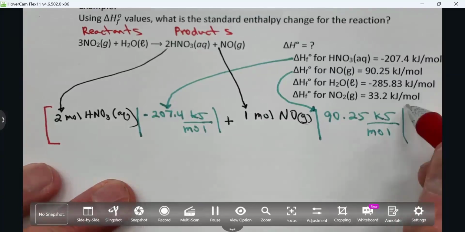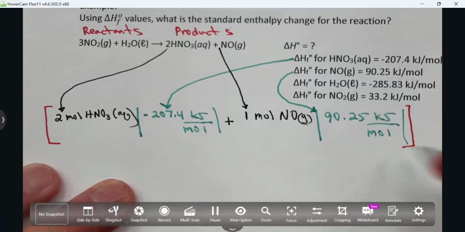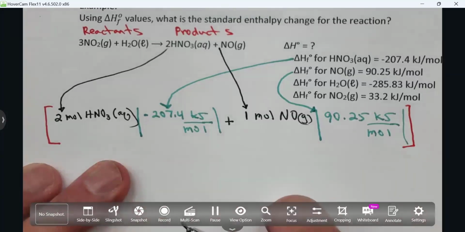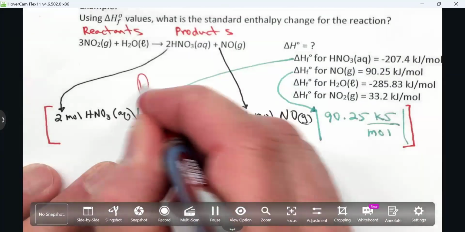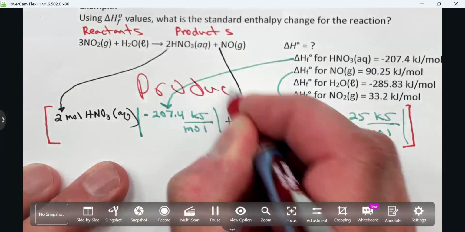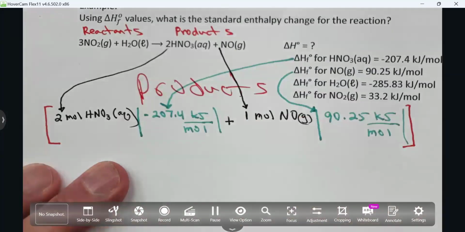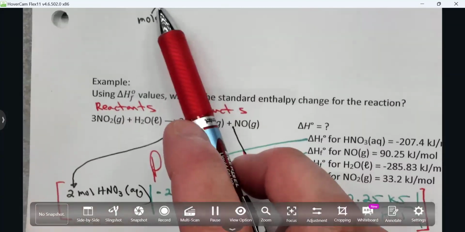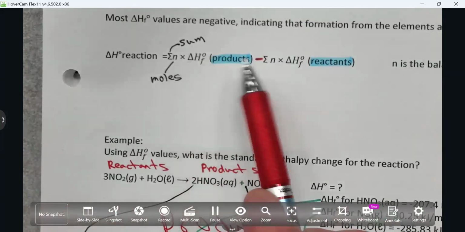I'm going to close this bracket. That would sum up my products, right? That's my products.